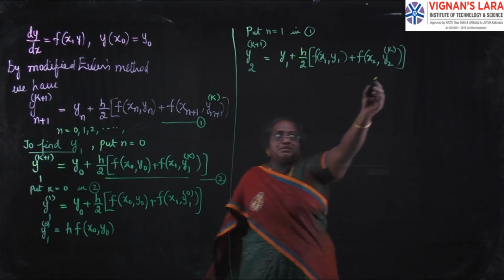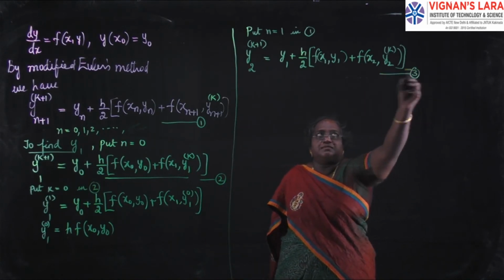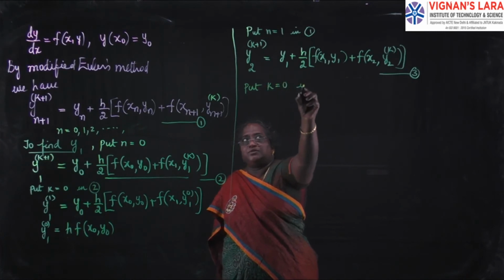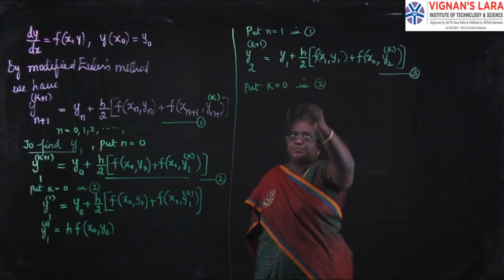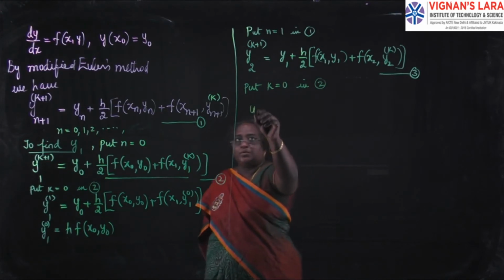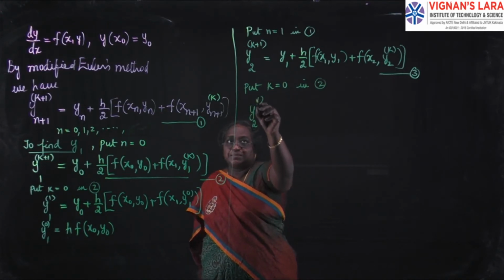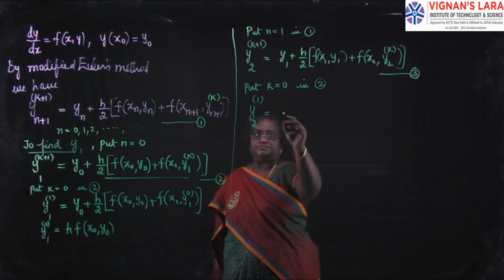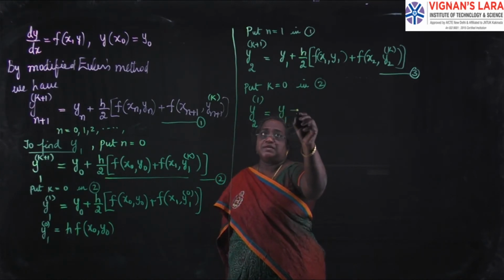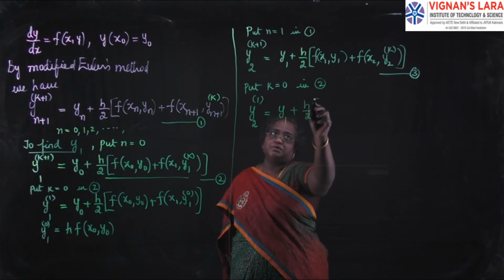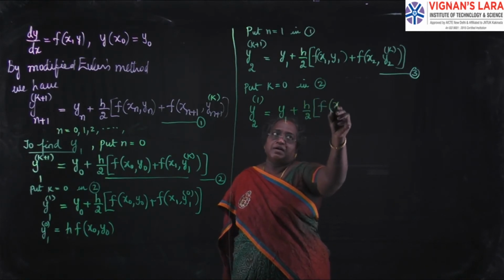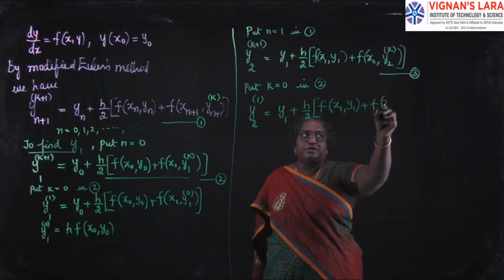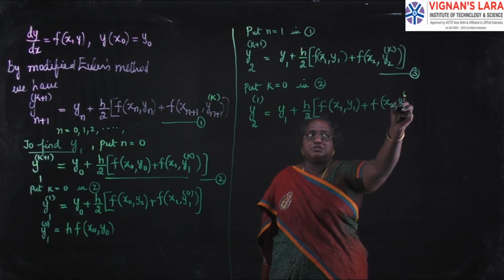Now put k is equal to 0. Now we start performing the iterations. The first approximation of y2 is equal to y1 plus h by 2 into f of x1 y1 plus f of x2 y2 zeroth approximation.